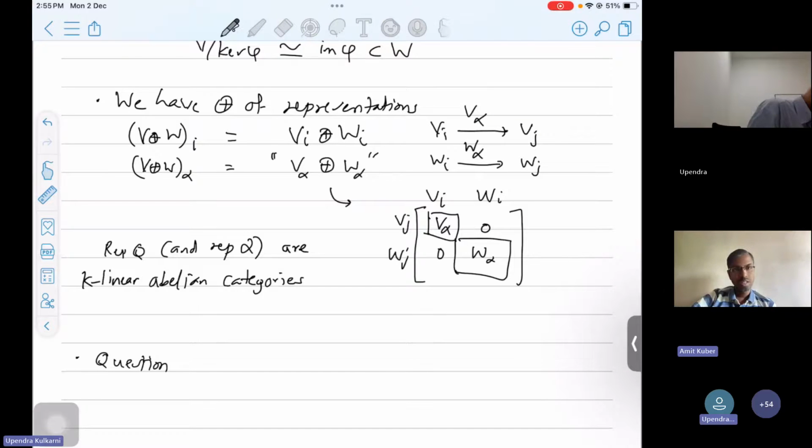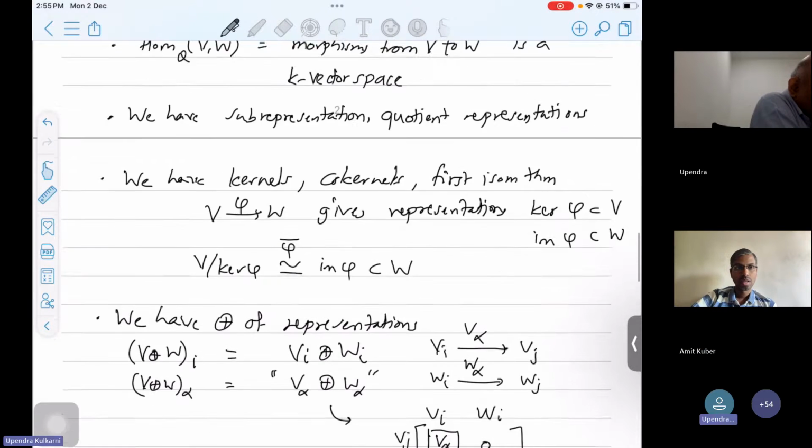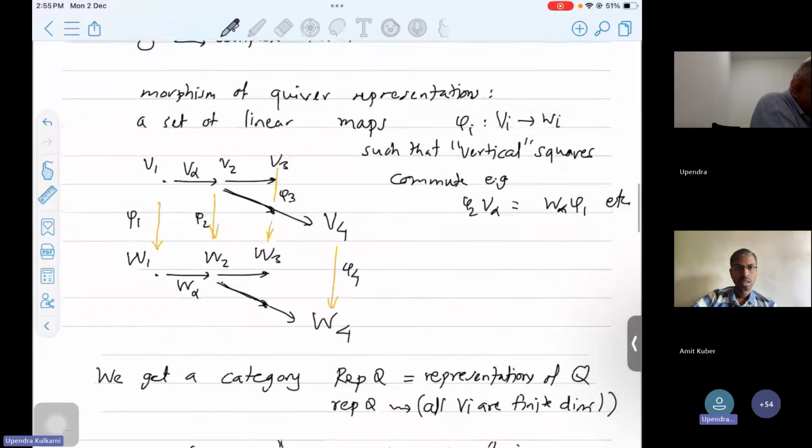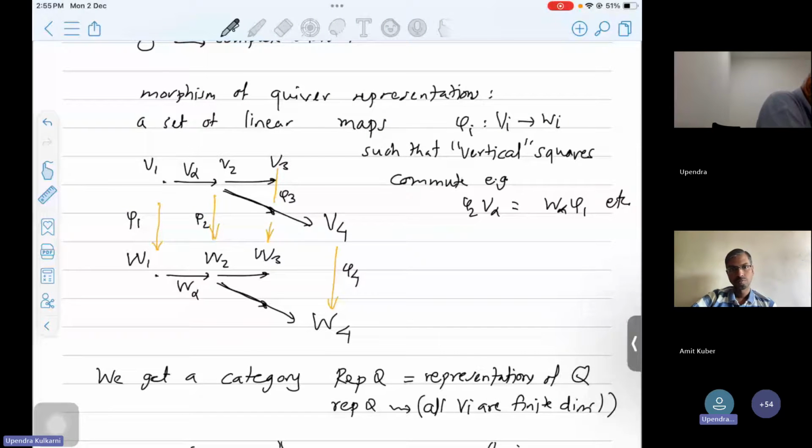There is one more question in the chat from Sadanand. Maybe we are quick with submodules. The restriction of V alpha should take the image of W1 into W2. Yeah, so something more has to be said, he's saying. All right, in my definition, maybe I was cavalier.